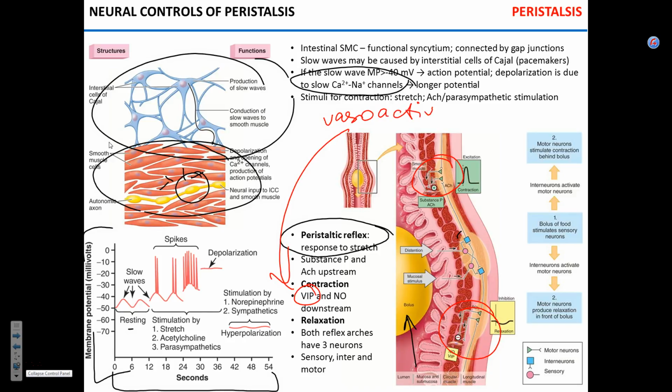Vasoactive intestinal peptide. And nitric oxide and VIP stimulate relaxation. Does that make sense? So you see, there's a contraction up, relaxation on the bottom. Where would the bolus go? Down. Does that make sense? That's your peristaltic reflex.